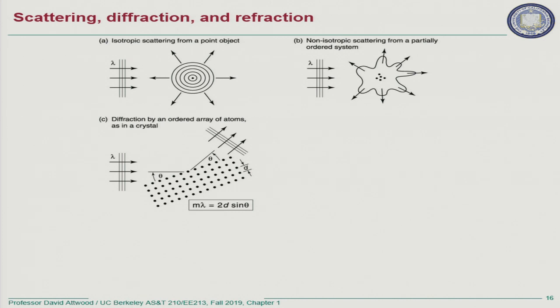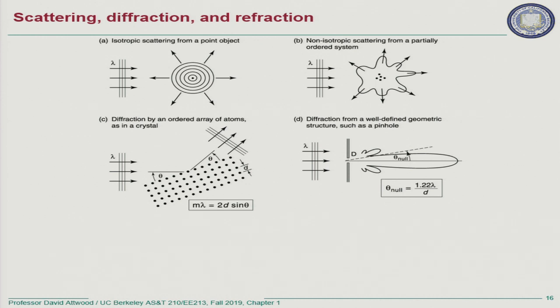Diffraction. So for example, this is a crystal lattice where you'll see these Bragg peaks determined by the period of the lattice. That would be diffraction. Another type of diffraction would be diffraction from a well-defined geometric object, like a small pinhole, which will create this Airy disk pattern, which has a characteristic null at a certain angle.